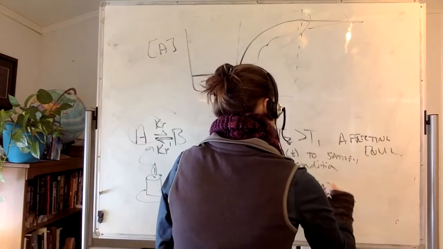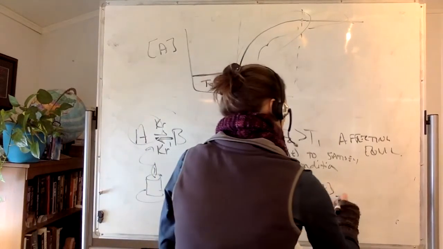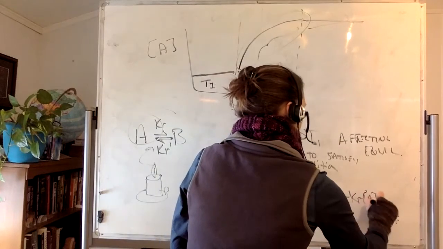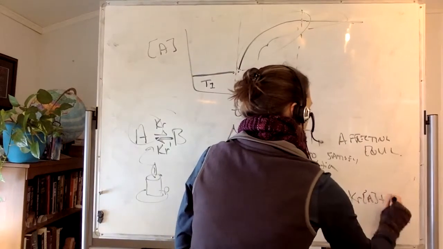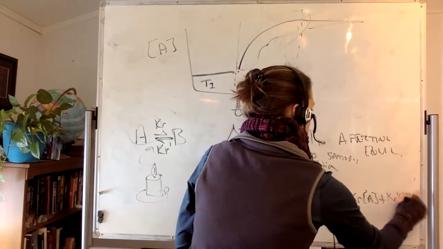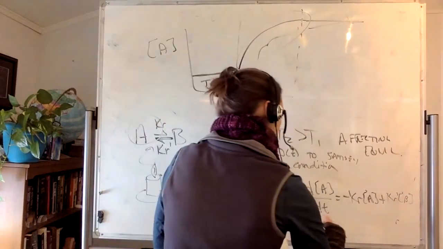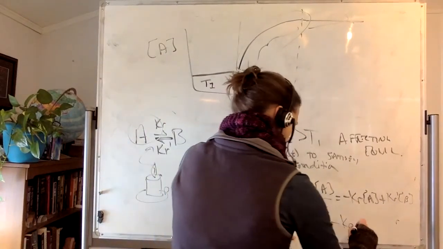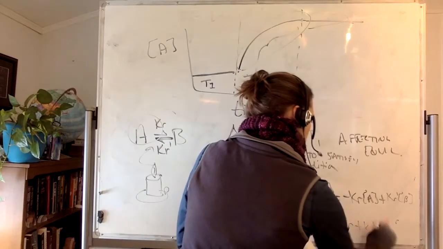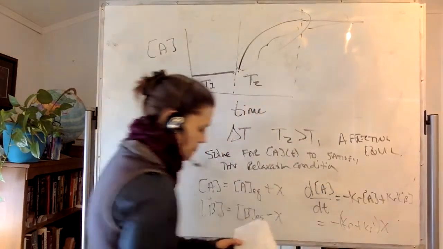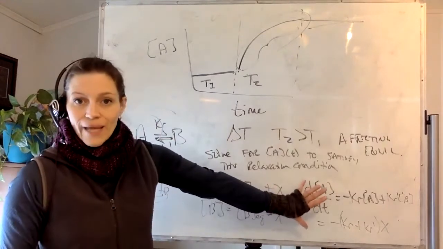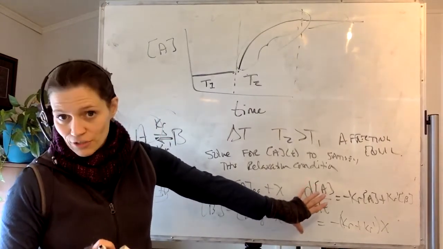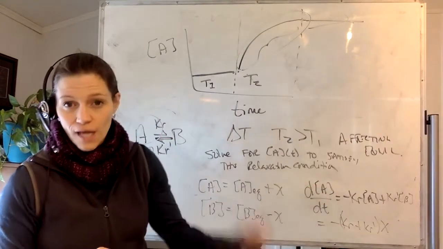So dA/dt is going to be minus Kr times the concentration of A, plus Kr prime times the concentration of B, and that's going to be equal to minus the quantity Kr plus Kr prime, times X. I don't care that you can set this up or solve for it. I want you to appreciate where it's coming from.